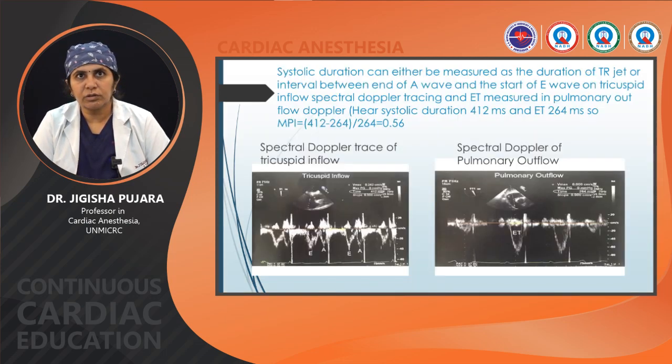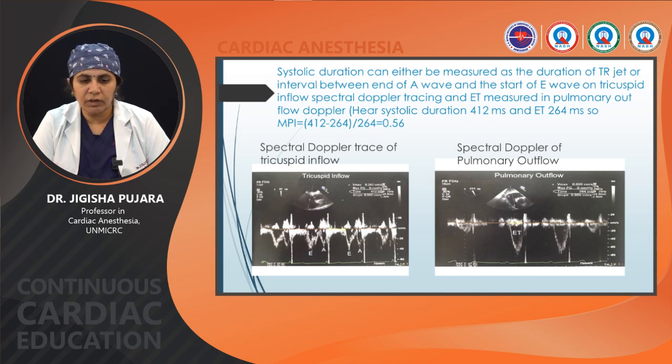Systolic duration can either be measured as the duration of the tricuspid regurgitation jet or the interval between the end of the A wave and the start of the E wave on the tricuspid inflow spectral Doppler tracing, and ET is measured in the pulmonary outflow Doppler. Here the systolic duration is 412 milliseconds and the ejection time is 264 milliseconds.